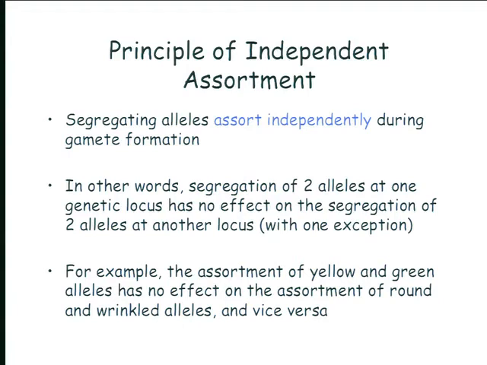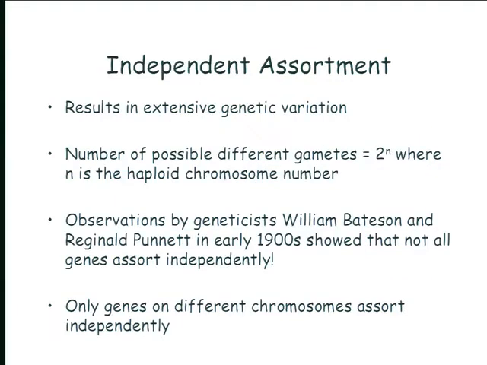In the blending idea, things would have to segregate together in order to produce an intermediate combination. But what independent assortment allows is extensive genetic variation that we actually observe in the world in a phenotype of birds, in a population of birds or a population of people.